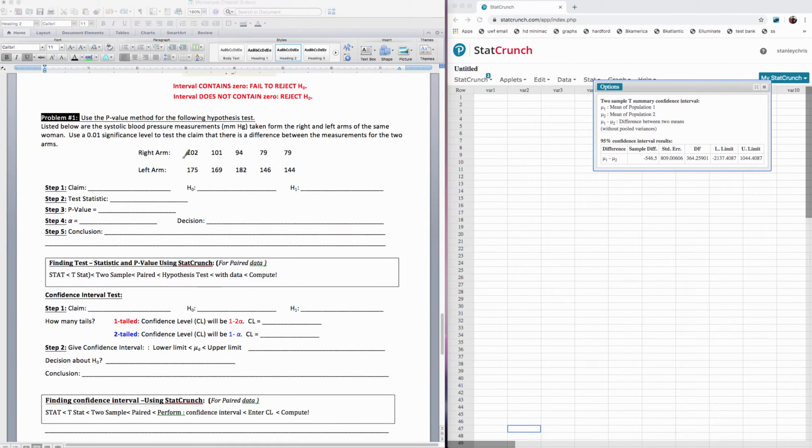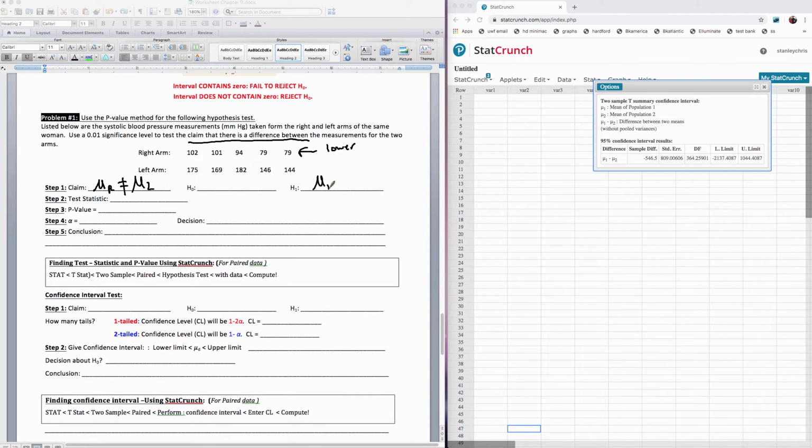Now, if you notice, this is the same person 5 different times. Well, look at all these. These are a lot lower. Okay, but let's look at the claim. The claim is that there is a difference. So the claim is that the mu of the right is somehow not equal to the mu of the left.